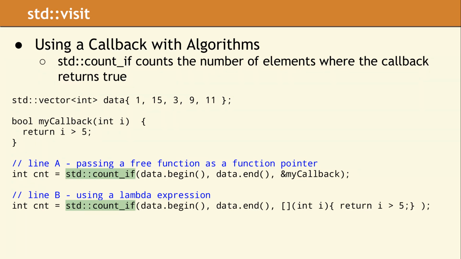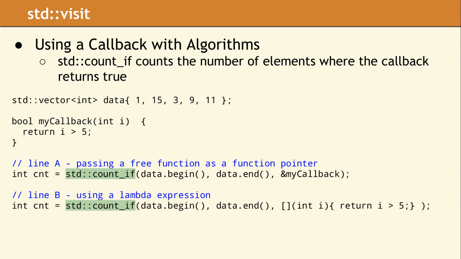In both line A and B, the first and second parameters passed to the algorithm indicate the beginning and end of the data in our container we want to test. In the code for line A, the third parameter is the address of our callback function. Notice that there is nothing special about the callback function itself.